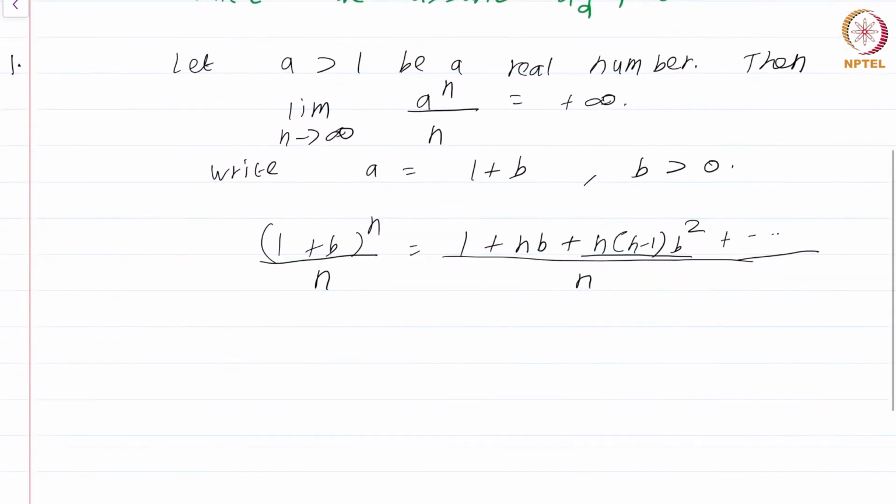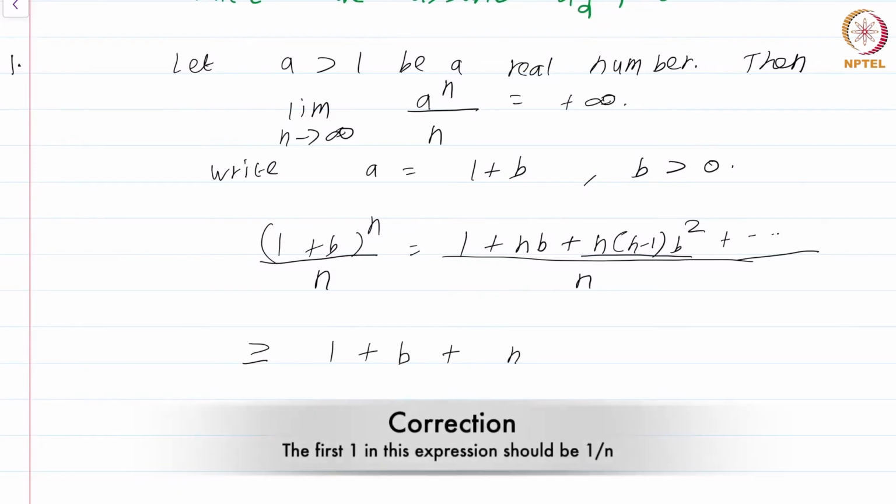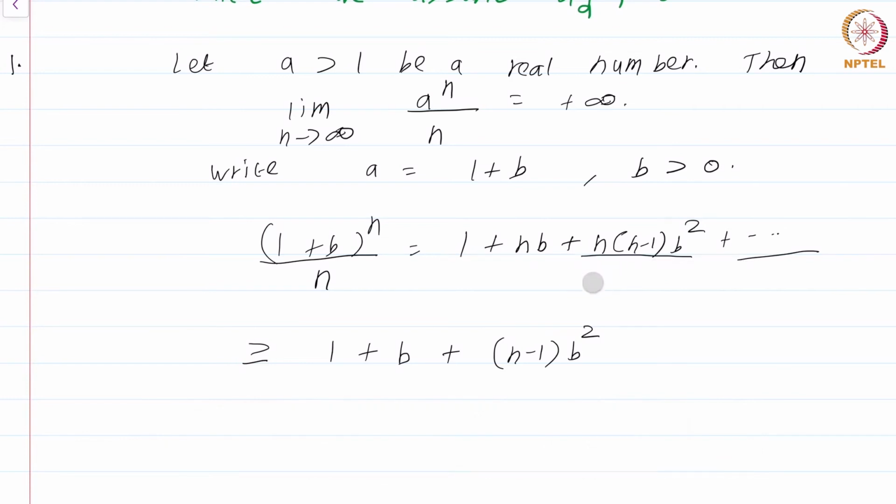Now why did I consider till the level 2? Well, simply because this I can write is greater than or equal to (1 + nb + n(n-1)/2 b^2) / n. I forgot a 2 here. The binomial coefficient will actually have a 2.